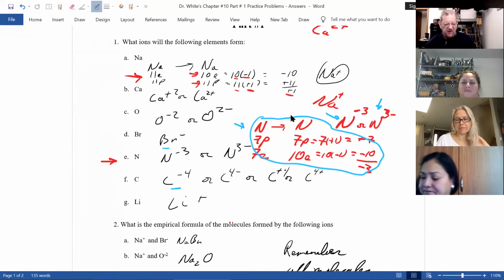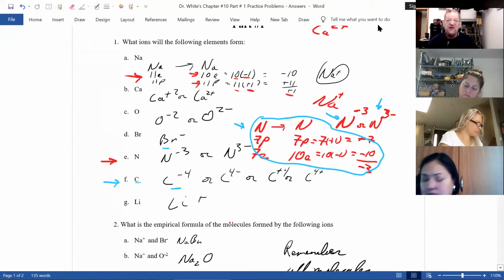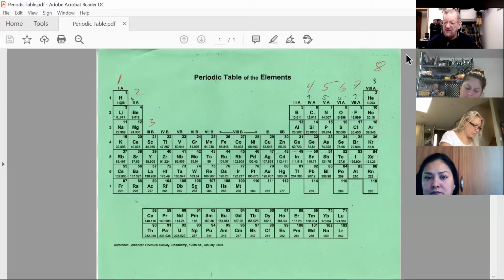The question is, draw the ion. What ion will carbon form? So we need to go to our periodic table. And hopefully, does everybody see the periodic table now? You try it first, then I'll do it.